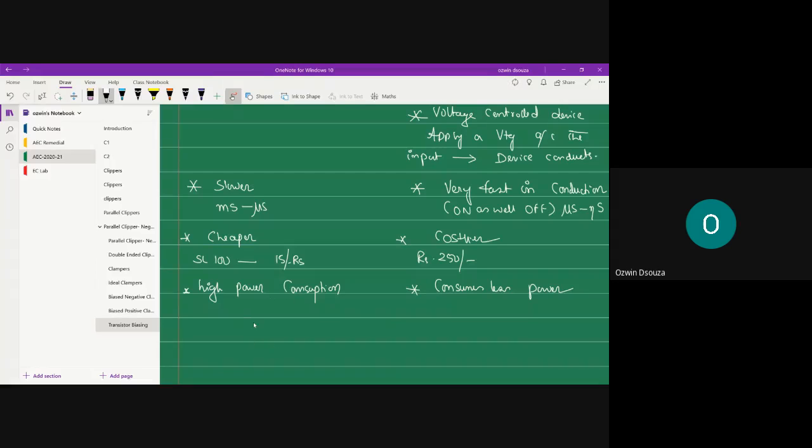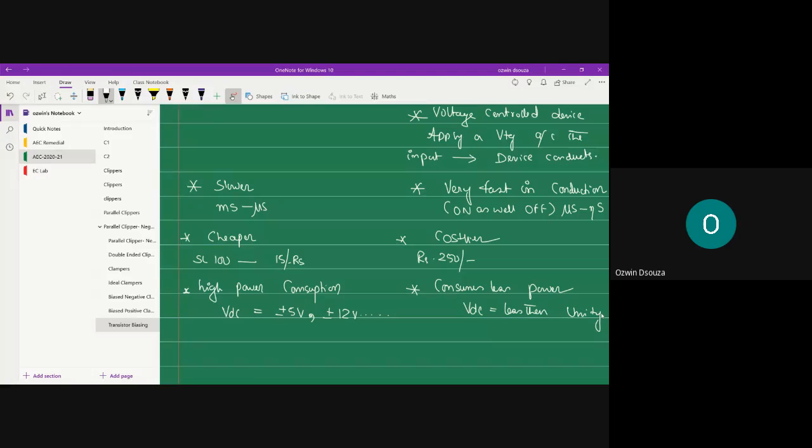In the lab, whenever we use BJTs, normally we give the DC voltage in the range of plus or minus 5 volt, plus or minus 12 volt, etc. On the other hand, there are MOSFETs which you can even trigger with a voltage less than unity.